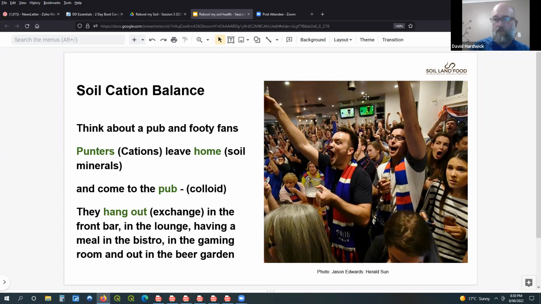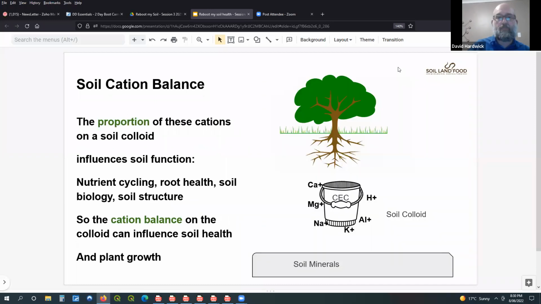And the question from a soil health point of view is it's the proportion of these guys hanging there that's important. The ratio, that's the critical thing for soil health.